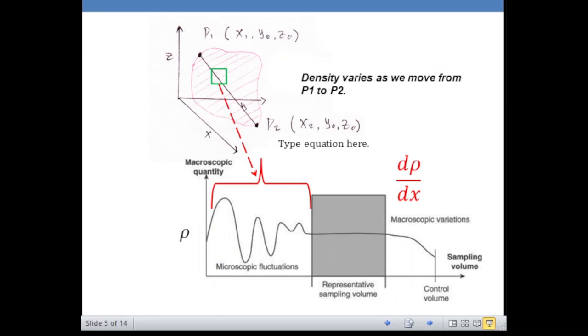So if we look at the microscopic level of the fluid, we could see a density reading like this as shown in the graph, right?